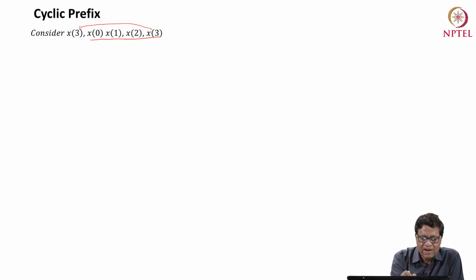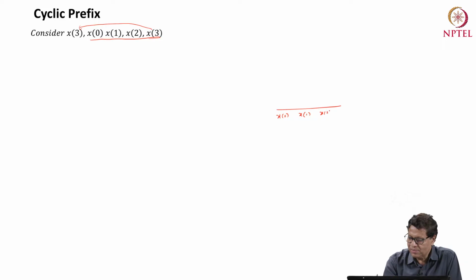Right now I have prefixed only x3. So this is called a cyclic prefix, and let us now understand how this will prevent intersymbol interference. These are the x0, x1, x2, x3 samples.